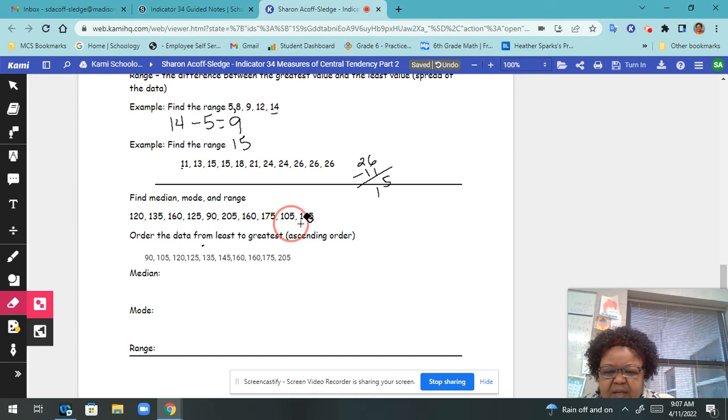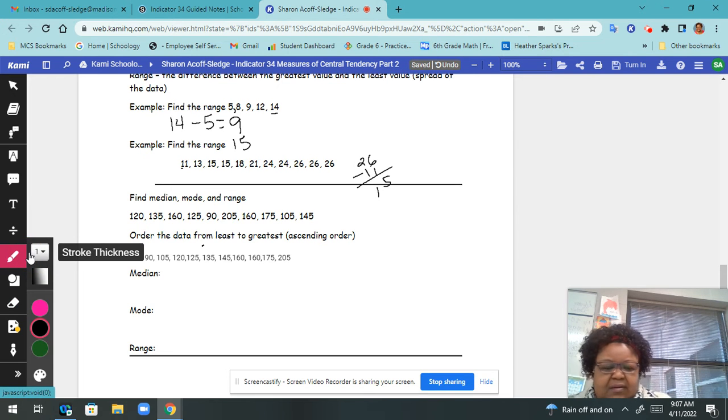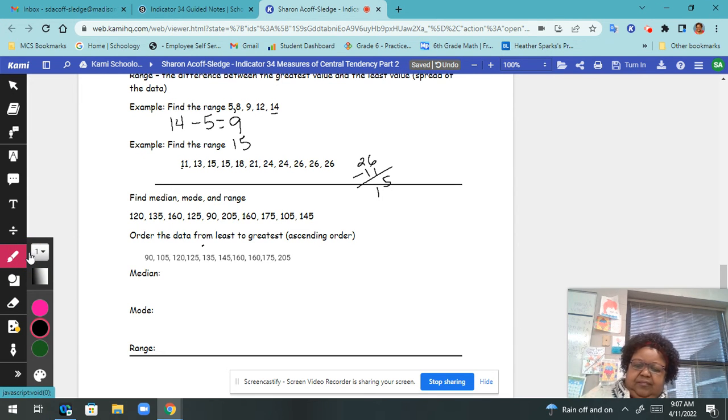So double check and make sure those are in ascending order. Let's count them. So here I have 1, 2, 3, 4, 5, 6, 7, 8, 9, 10. So we're good.